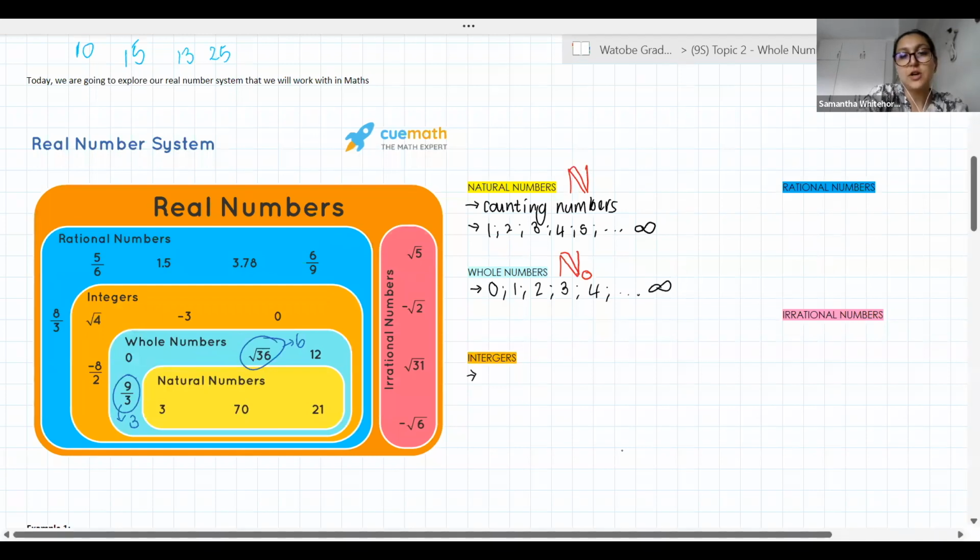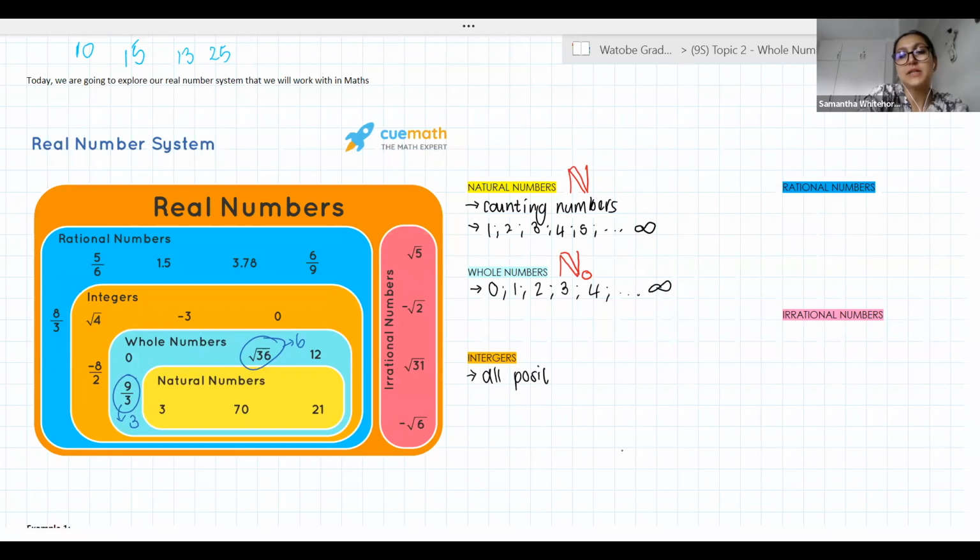Excellent. Good. So these are all our positive and negative whole numbers, for lack of a better description, but basically it's all positive and negative numbers that are not fractions. So we're not yet dealing with fractions or decimals. We're still dealing with whole numbers, but now we're dealing with all the positive and negative ones.